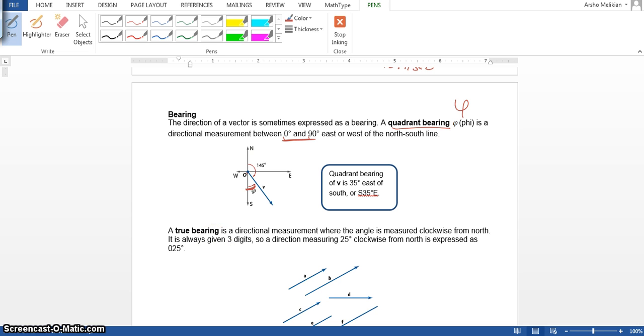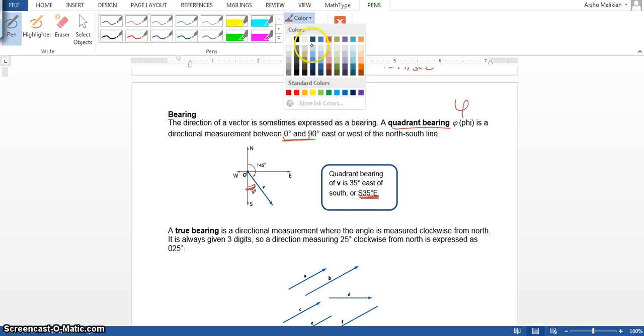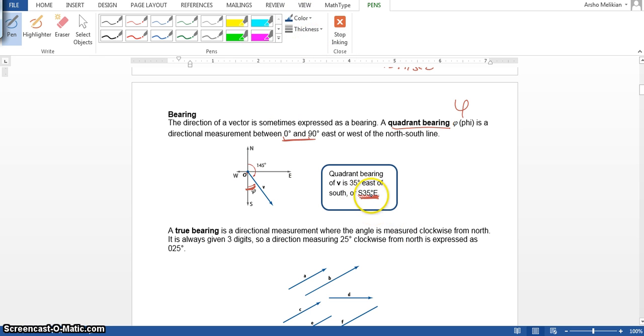In this case, this is vector V. It's 35 degrees east of the south direction. So we say it's south 35 degrees east. The way you would draw it is, you have a line going south, and if you go 35 degrees east from it, there is your vector.